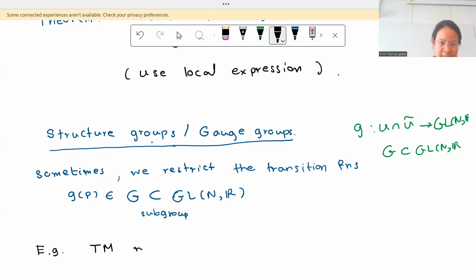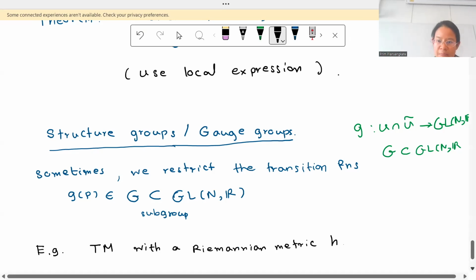Suppose that it has an additional structure, say the tangent bundle has a Riemannian metric.